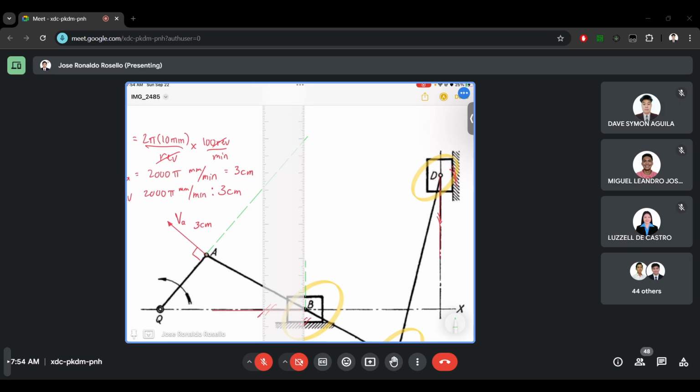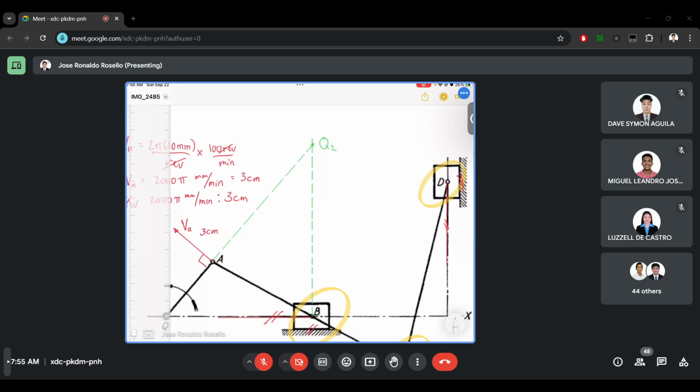And their intersection will be what we call the instantaneous axis. Let's make a variable for this one, Q2, because we already have Q.